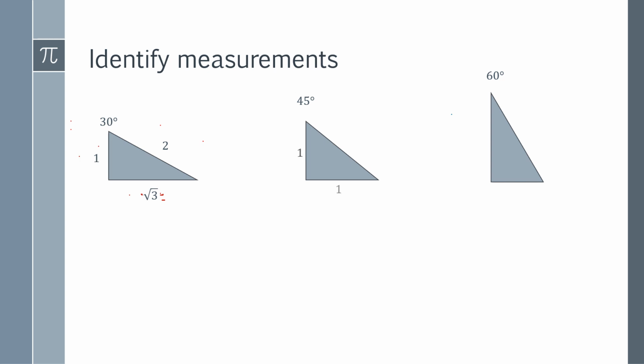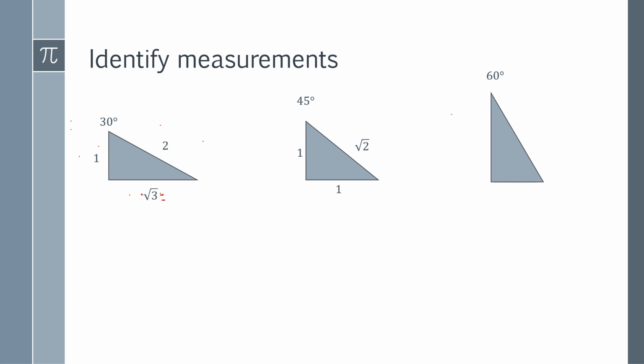We know 45, they both are going to have the same measurements for the legs. And we know that the hypotenuse is going to be square root of 2. Now, we know that for 30 degrees or 60, it just flips the legs.